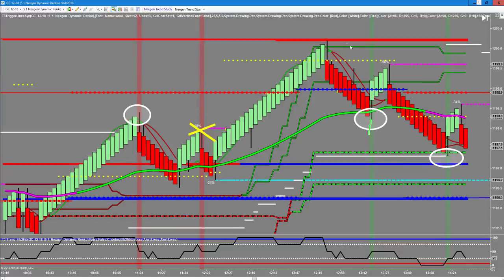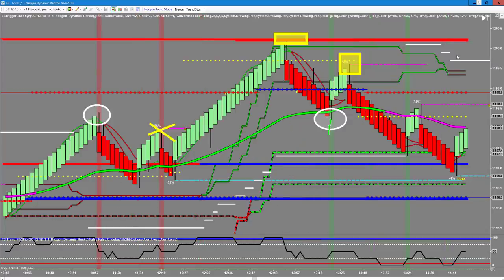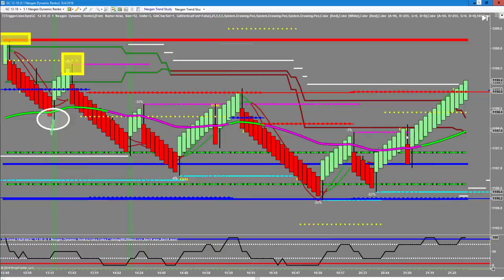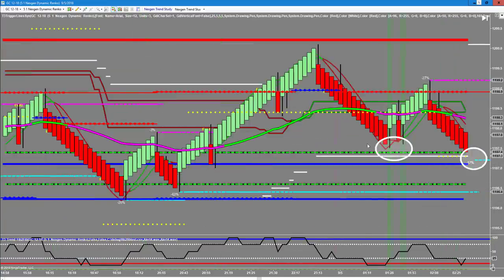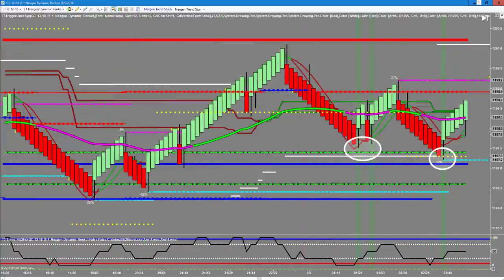And guess what? Divergence ruins it. Now, we go back up and divergence from resistance ruins it. Takes us down to support where we have a better shot of going up.